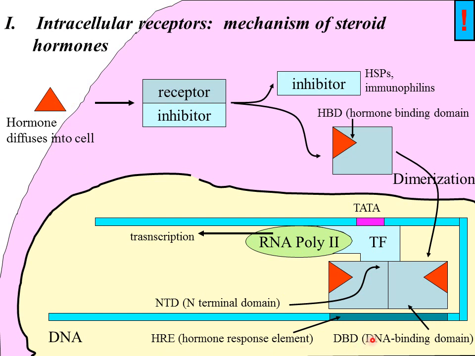And once the activated receptor binds to the hormone response element, it will recruit an activating complex which promotes transcription of the regulated gene that this hormone response element is regulating.